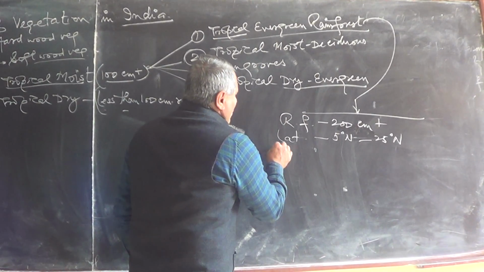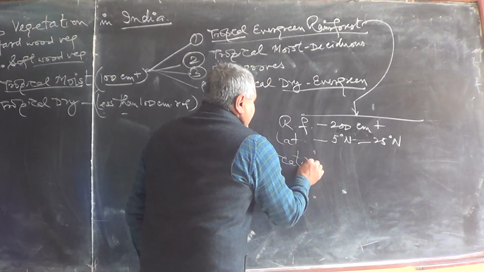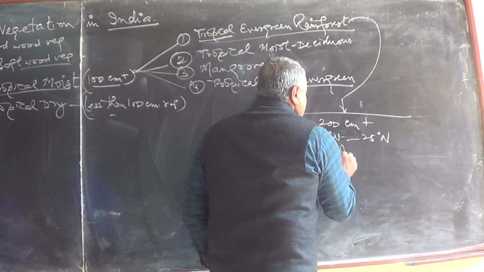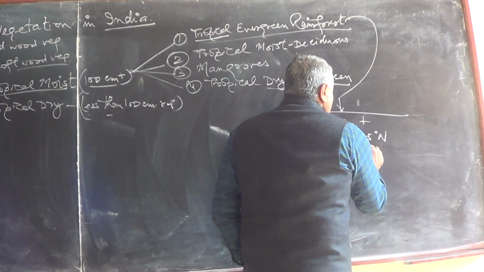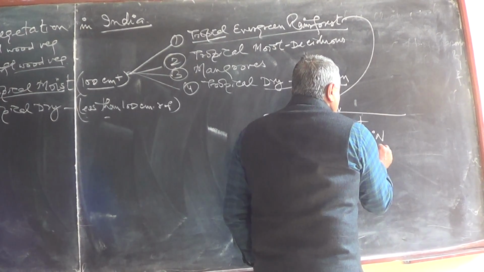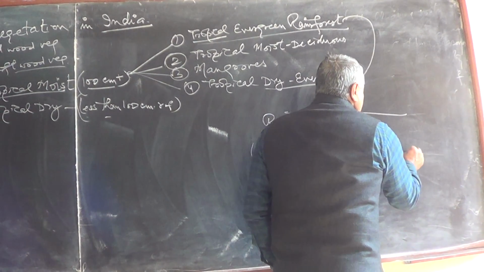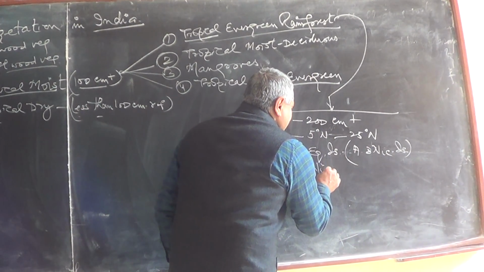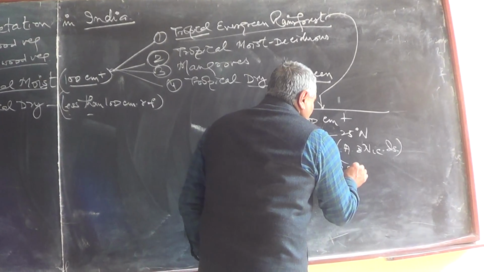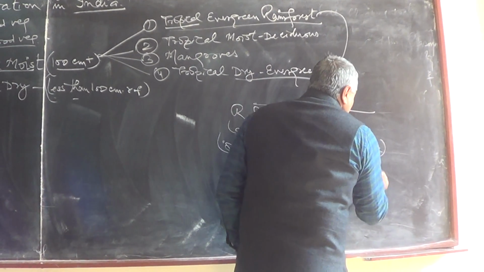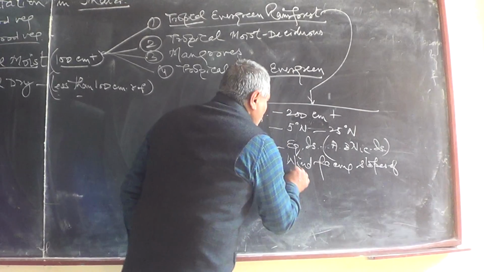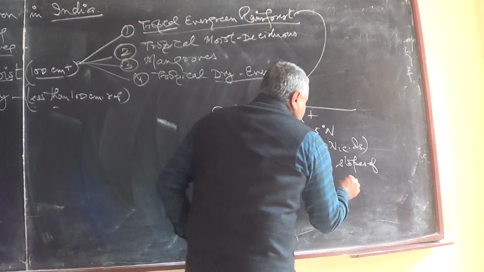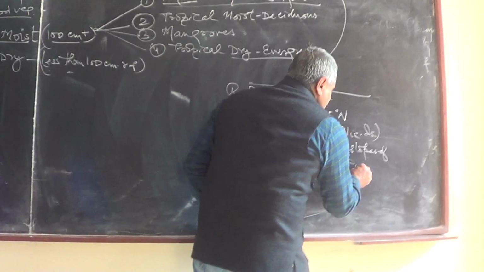And location is islands, equatorial islands. Equatorial islands means like Andaman and Nicobar Islands. And wind facing slopes of Western Ghats and Purvanchals.